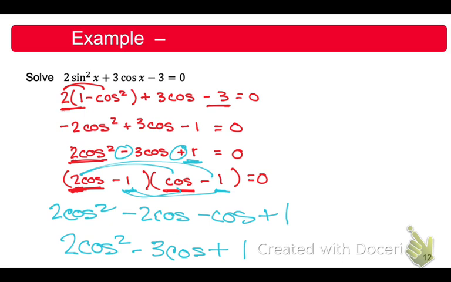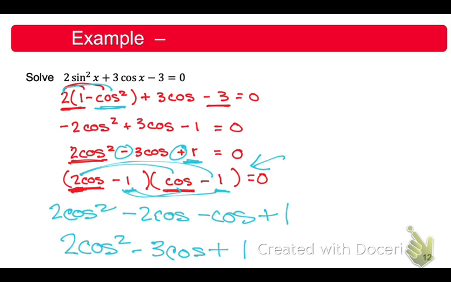Where did you get the negative 2 cosine squared from? I know you distributed, what would it have been? I just did this first because the squared is going to go first. I forgot my 2 in front of the cosine.